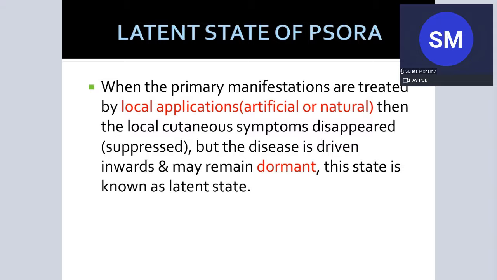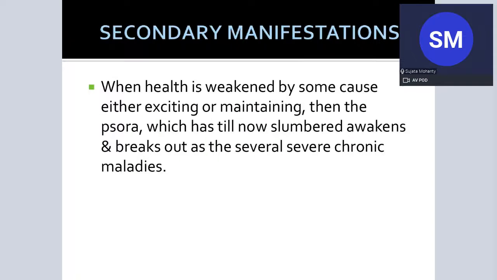This state of Psora is called the latent state. During this state, the person looks normal. But when such persons are exposed to adverse circumstances, the latent Psora awakens and shows itself through various types of symptoms. That is the secondary manifestation of Psora. When health is weakened by some cause, either exciting or maintaining, the Psora, which has so far slumbered in a latent state, awakens and breaks out as several severe chronic maladies.